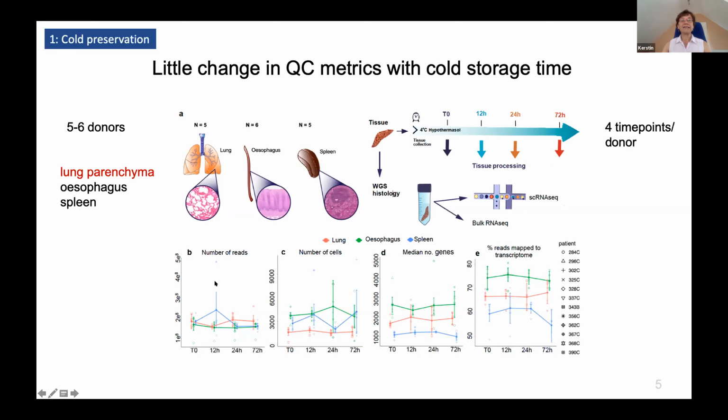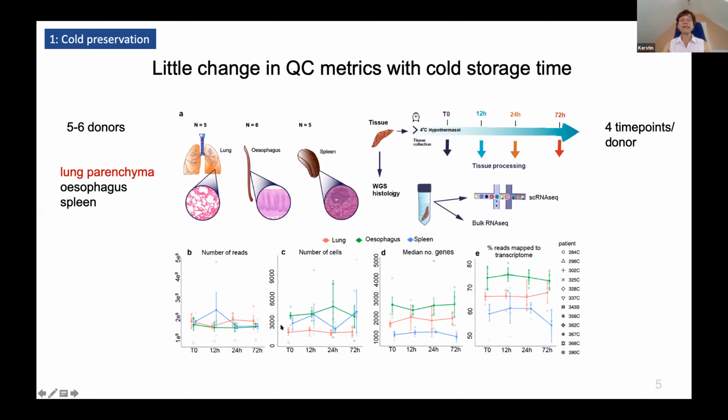Underneath, I've shown some of the QC metrics that already show you, in effect, the answer to our question: is there a negative effect of cold preservation of the tissue? Basically the answer is no. Most of the quality assessments that we look at are very stable across the storage time.